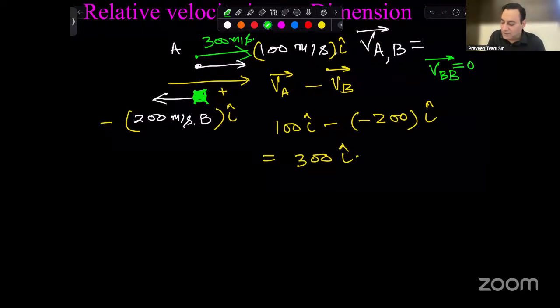By now, everyone should have understood the meaning of relative velocity of A as observed by B. If they are moving in opposite directions or the same direction, you can easily find relative velocity. This was not a tough job, not a challenge for anyone. Let's see what happens when we want to go beyond this.